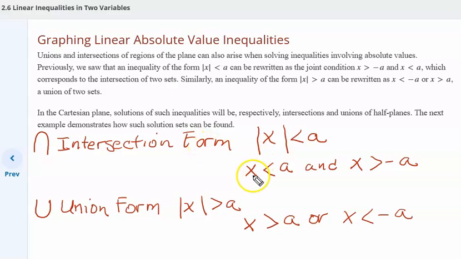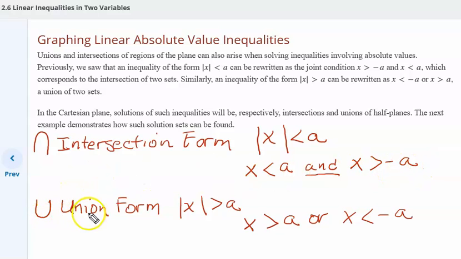And when we remove the inequality signs, we get x is less than a, and for the intersection, x is greater than negative a.